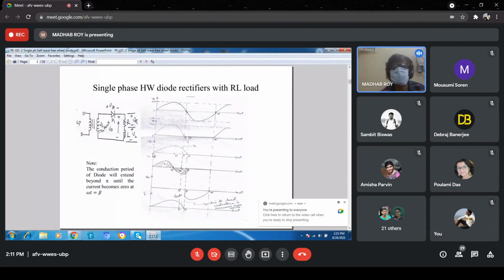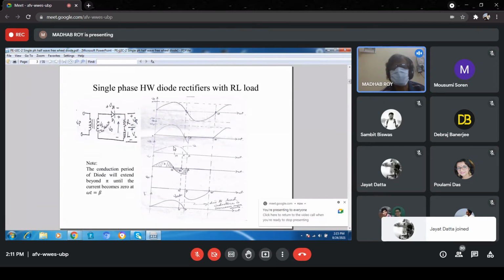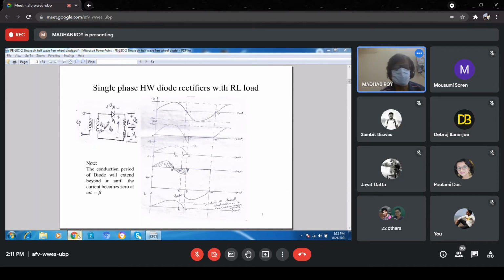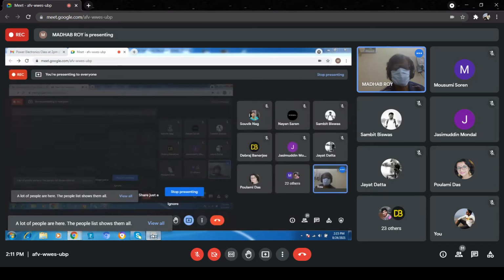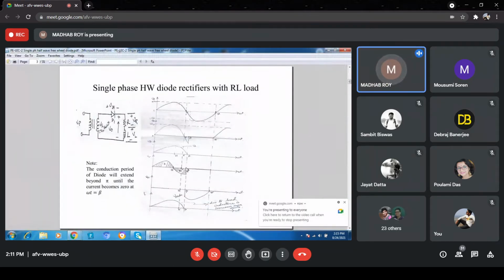You see that during the initial position it will be flat, a slow rise. In the resistive load we observed that there was current up to pi, but as there is an inductance, the peak current will be at a different position.